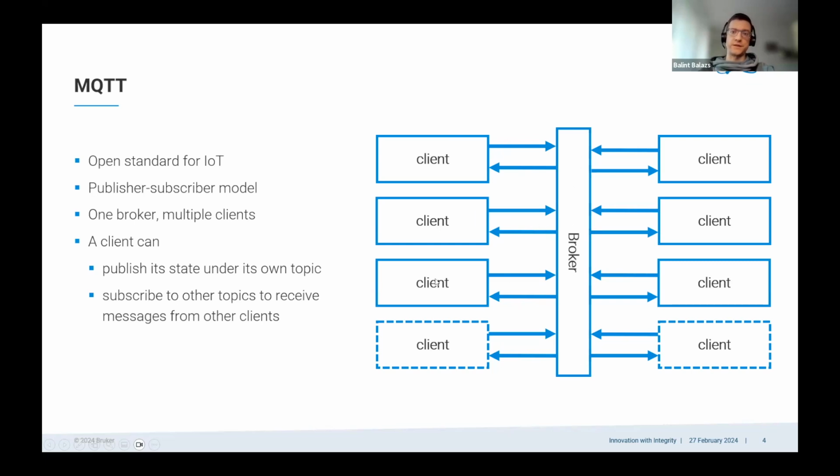Other clients can also subscribe to these topics to receive the messages from other clients. Each client can decide which other clients are interesting for it, subscribe to those topics, and then the broker just takes care of sending the messages around. I hope this makes sense, because this is going to be pretty important for how the API works.